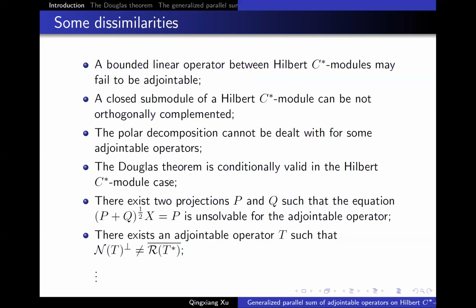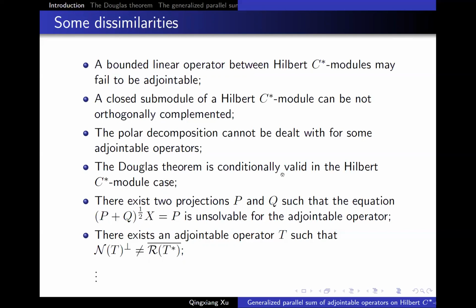First, bounded linear operators between Hilbert C*-modules may fail to be adjointable. Second, closed submodules of Hilbert C*-modules can be not orthogonally complemented, which means that there may be no nontrivial projection between Hilbert modules.